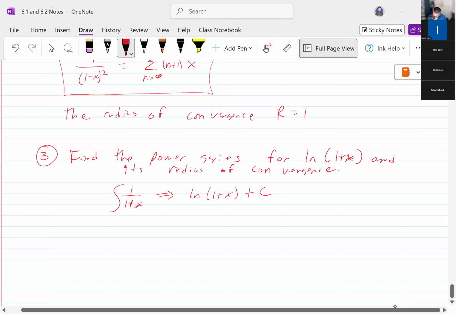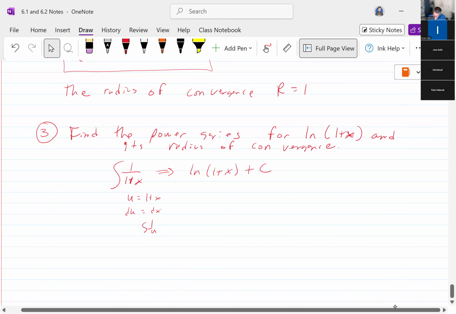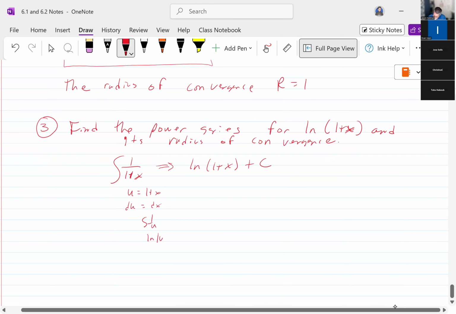You could do a u sub on this if you really wanted to, 1 plus x, but du is equal to dx, right? So this is just the integral of 1 over u, which is just the natural log of u plus c, but what was u?